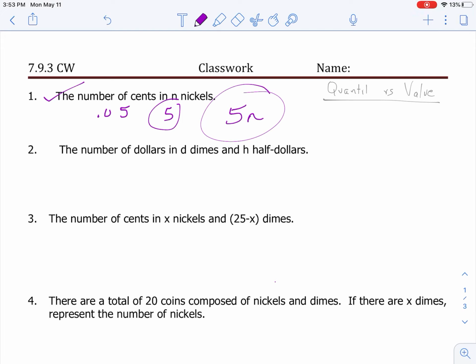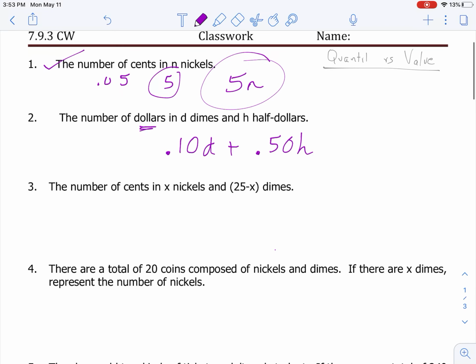The number of dollars in D dimes, so I'm in dollars, so 0.10D, plus 0.50H, because half dollars. All right, the number of cents in X nickels.